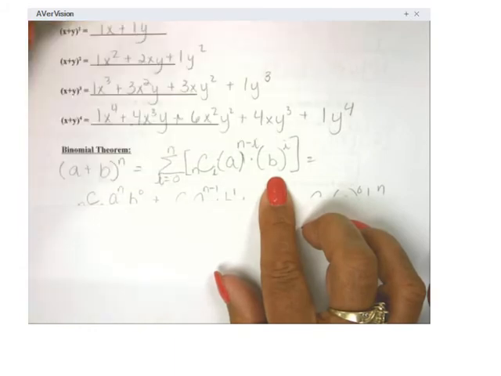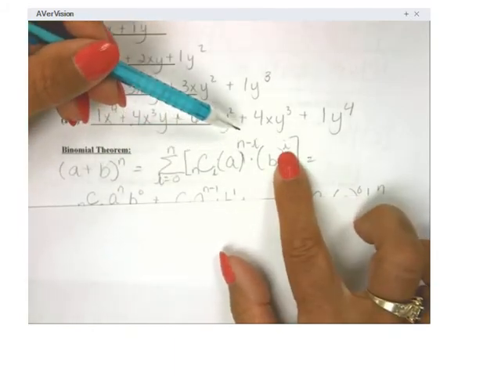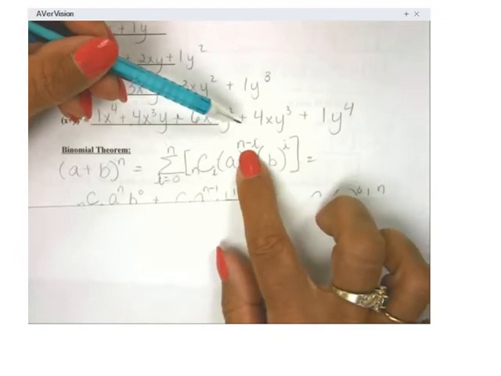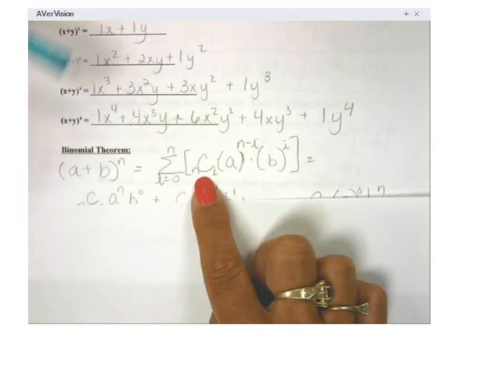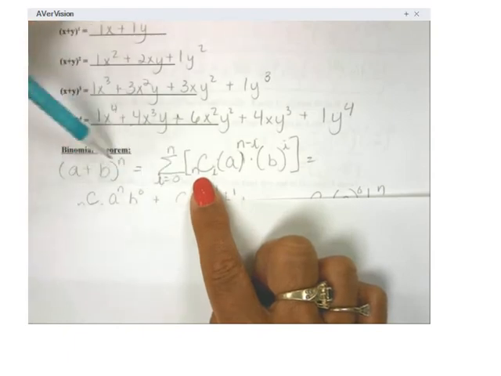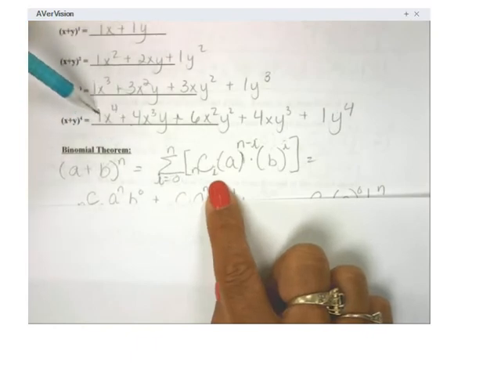I'm going to have a start out being raised to the n power, and b start being raised to the 0th power. And then my counter will go up, and this variable will start to get bigger, and this one is going to go down in number. We will also have a combination in front.